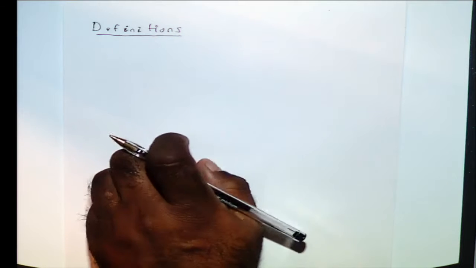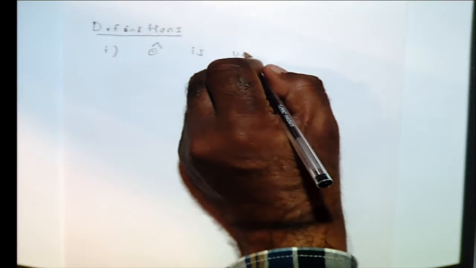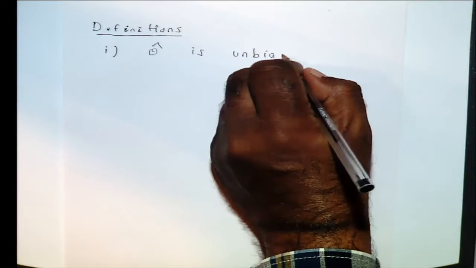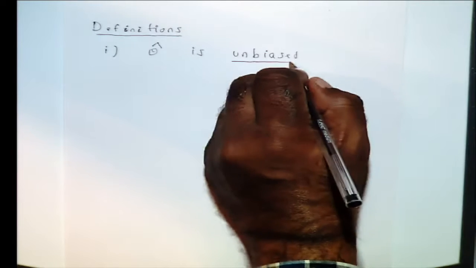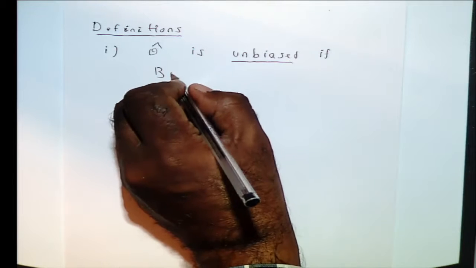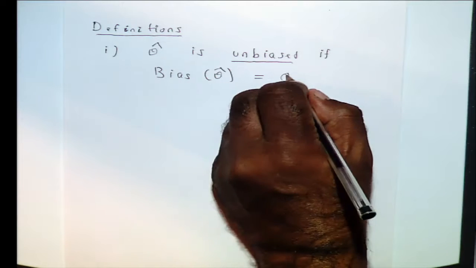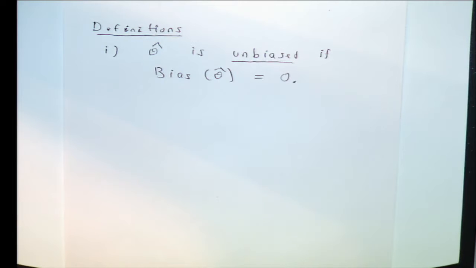Definitions. The first one: an estimator is said to be unbiased if the bias of it is equal to 0, right?